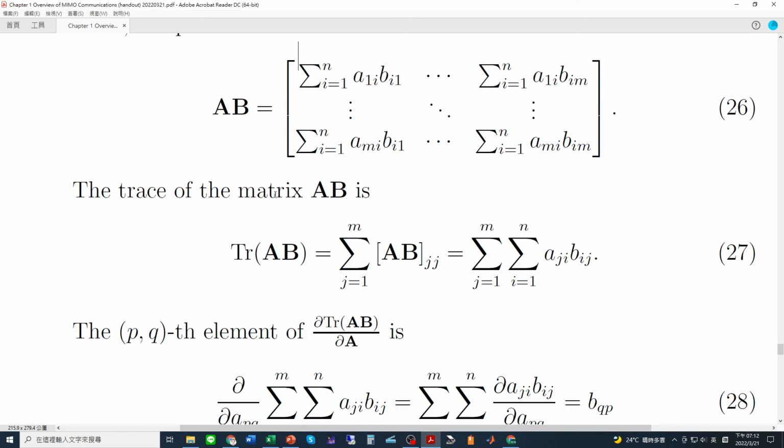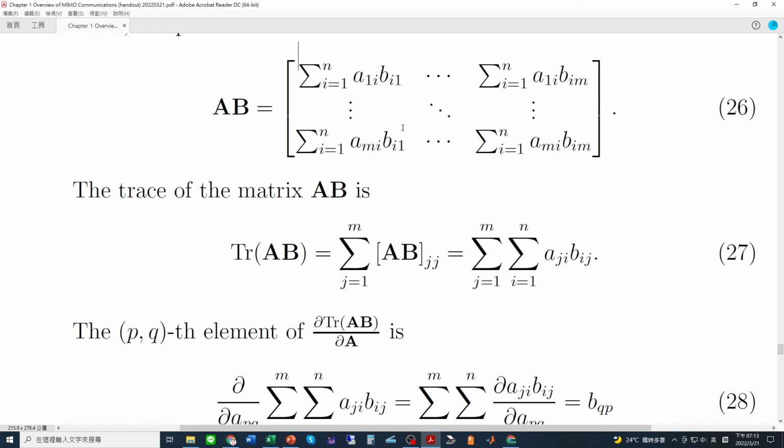Okay, the trace of A times B is equal to the summation j equals 1 to m of (A times B)jj, that is, the summation of all the diagonal elements of the matrix A times B. Note that the dimension of the matrix A times B is m by m, so there are m diagonal elements.